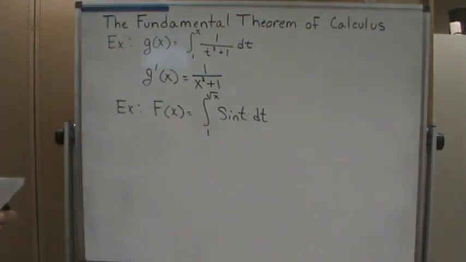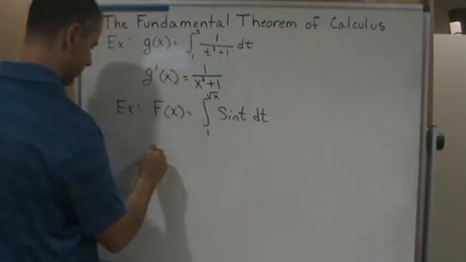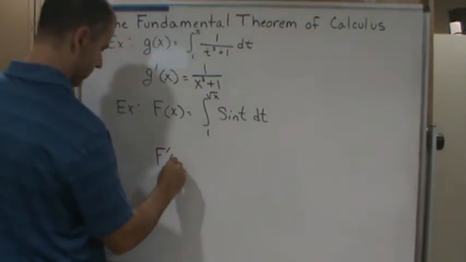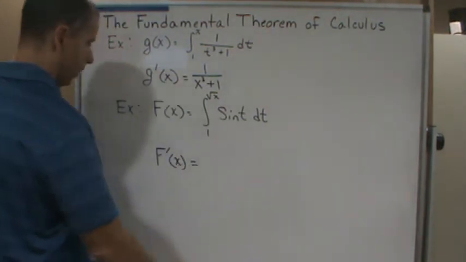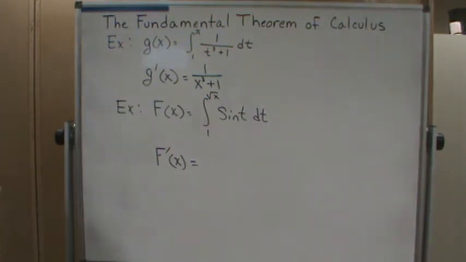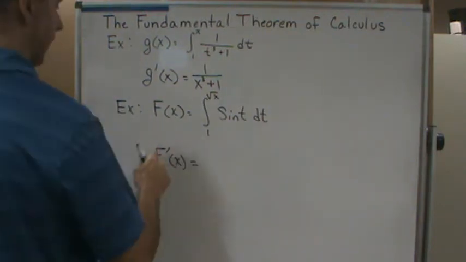Now, in this case, it says find capital F prime of x. Well, now we're going to use the fundamental theorem of calculus and the chain rule. Okay? So, instead of having x here, we have a function.